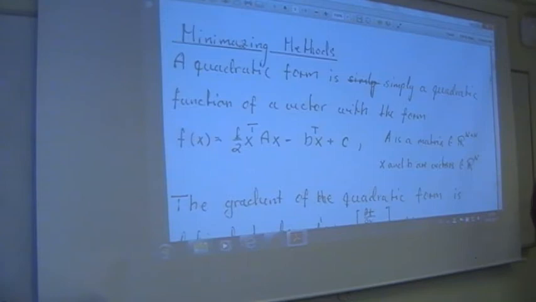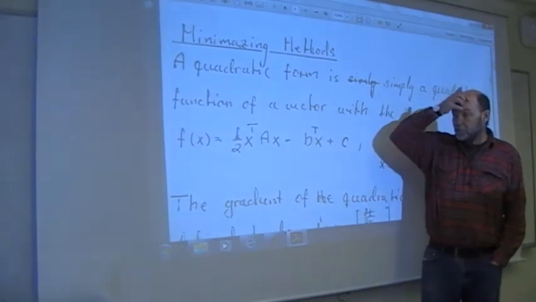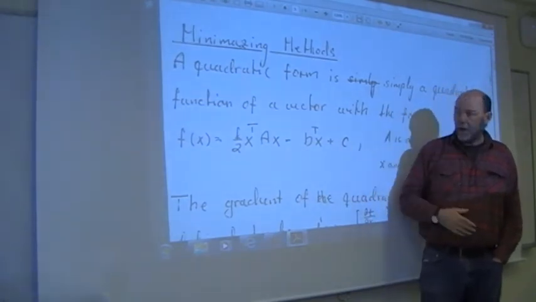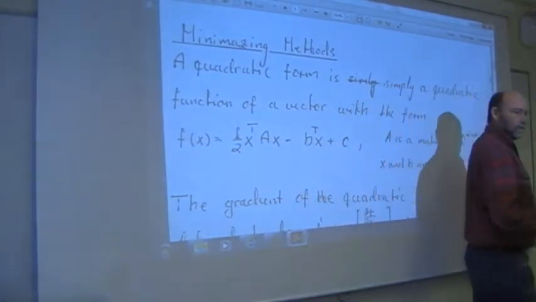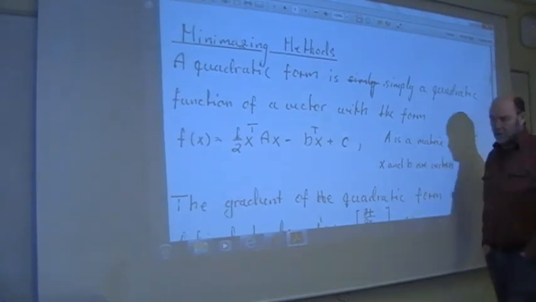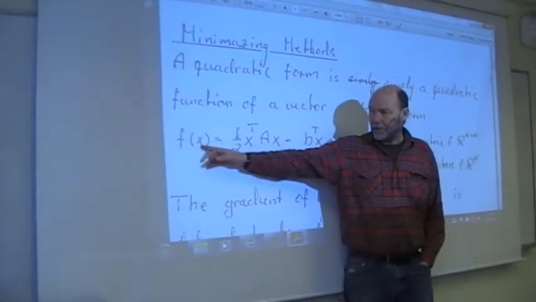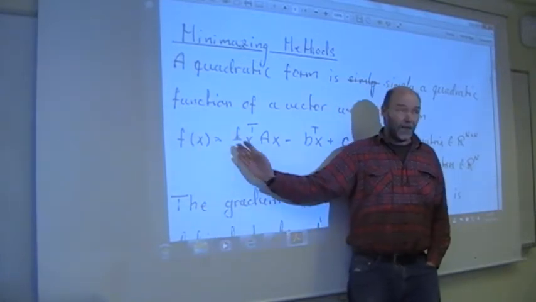Then we construct a functional, as we call it, f of x, looking something like this. And then we are going to seek where this function is smallest, finding the minimum of that function as a function of the position x, x here being a vector with all your unknowns. So this is an n-dimensional problem.